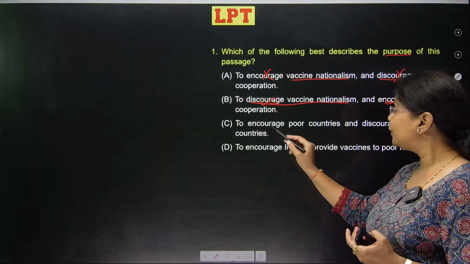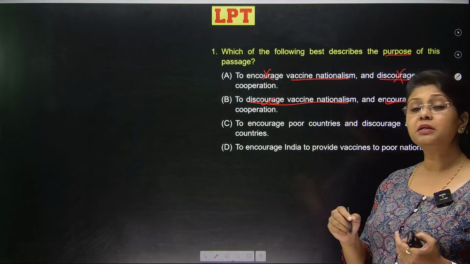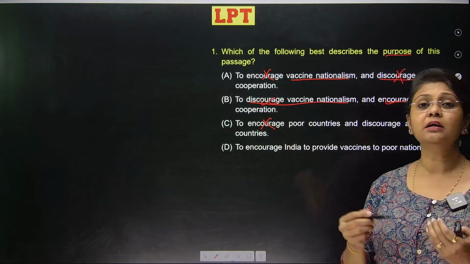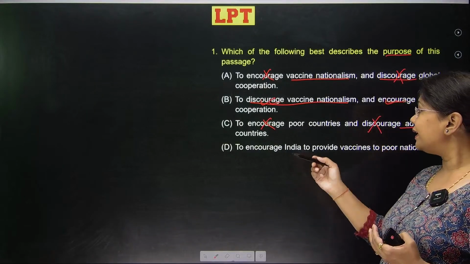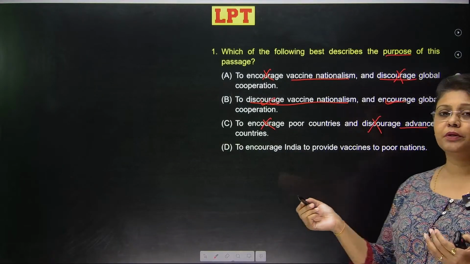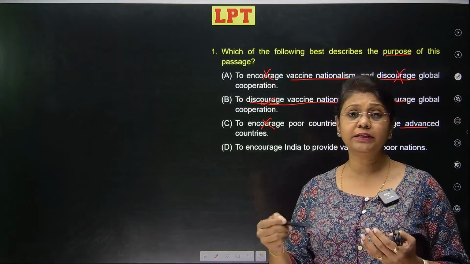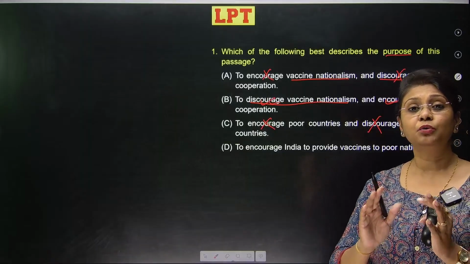It says to encourage poor countries and discourage advanced countries. It's not about encouraging the poor countries, and neither is it about discouraging the advanced countries for that matter. So this is cancelled out. To encourage India to provide vaccines to poor nations. India has been doing that without this passage here. India has already been helping those poorer nations to roll out vaccines.